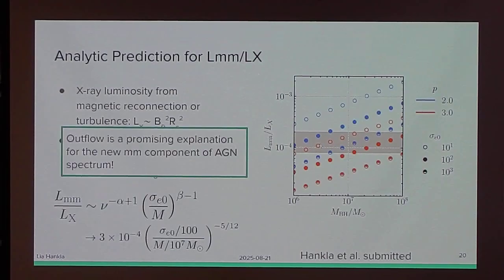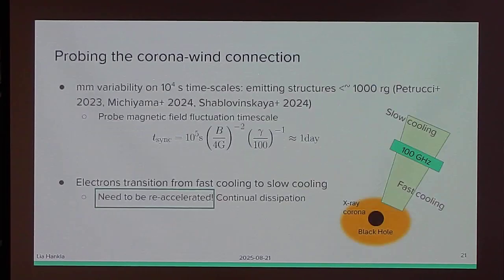So this solar wind outflow-esque sort of a thing coming from this corona seems to be a promising explanation for this new millimeter component of the AGN spectrum. A couple of things you might imagine doing in the future are probing this corona and wind connection, so maybe variability. You can measure variability of millimeter, well, not very easily, but you can.